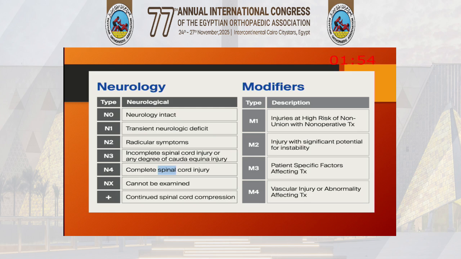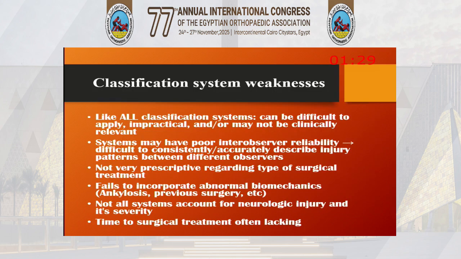M3, patient-specific factors affecting trauma. And M4, vascular injuries. For the neurology, as you see, N0 is neurologically intact, and N4 is complete spinal cord injury, and 1, 2, 3 are in between. NX is cannot be examined, and N plus is continuous spinal cord compression.